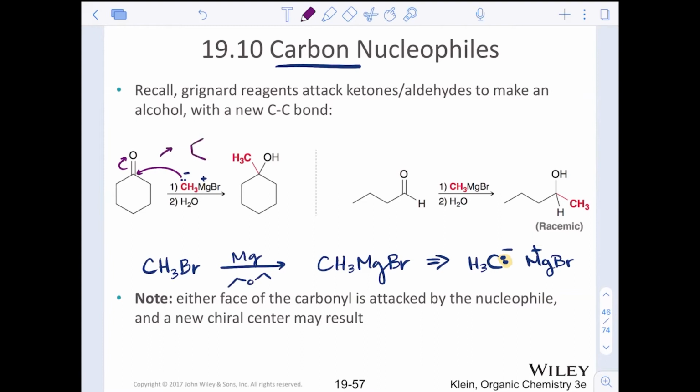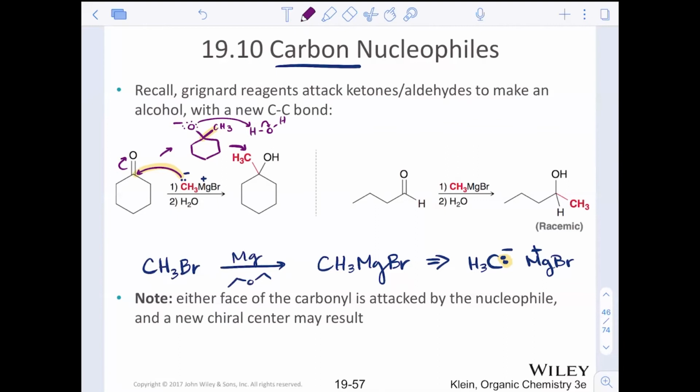Our intermediate will be oxygen minus and a new carbon-carbon bond. There's the new carbon-carbon bond that's made right here. The second step is always going to be a water workup so that we can protonate our alcohol. Very, very similar to lithium aluminum hydride or sodium borohydride here.